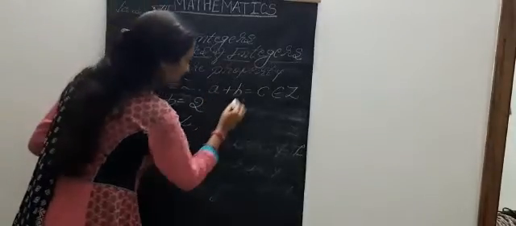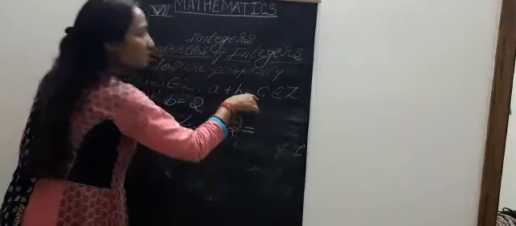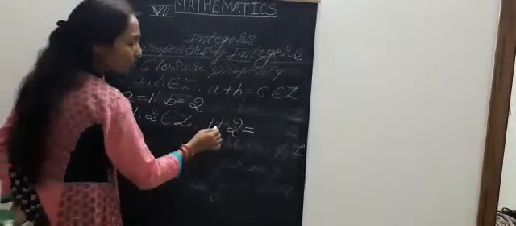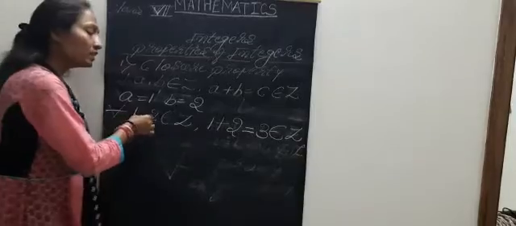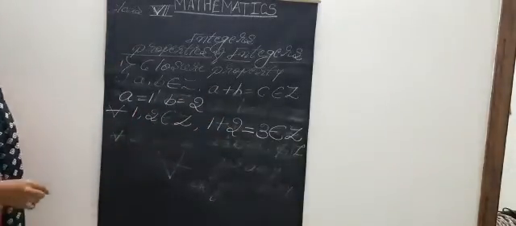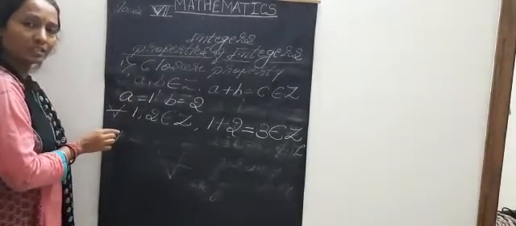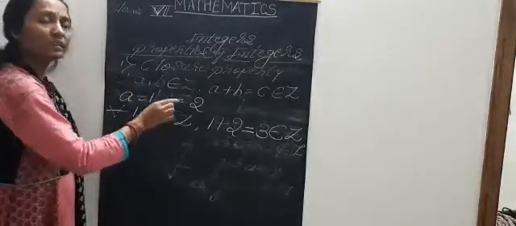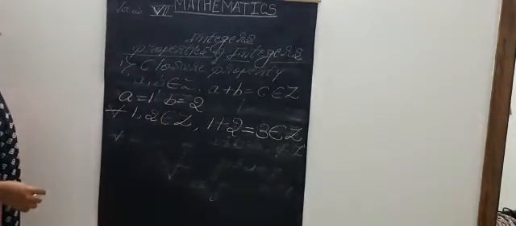Next, a plus b. a is nothing but 1, plus 2. Here c is a new number. So let us add. 1 plus 2 is equal to what? 3. Yes, 3 definitely belongs to integers. So here the closure property is satisfied for addition. What is the meaning of this? The sum of any two integers will become an integer. So the closure property is satisfied for addition.